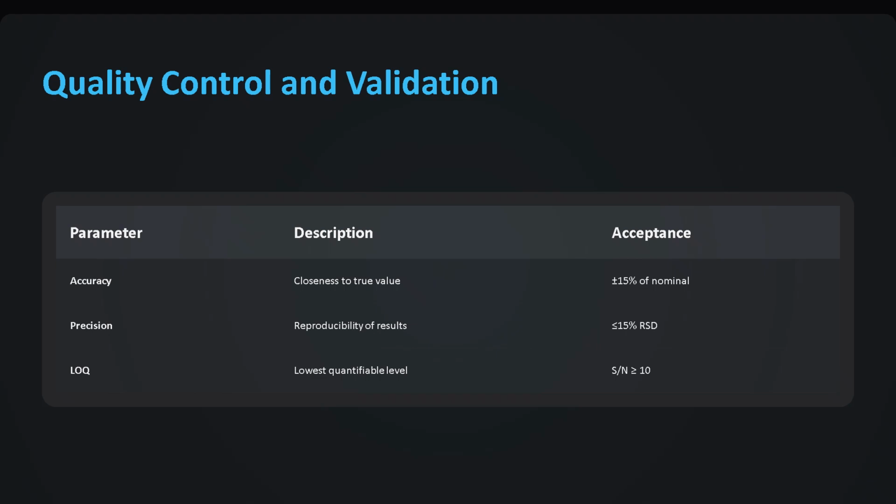Precision evaluates reproducibility and is expressed as relative standard deviation, which should generally be 15% or less. Another important parameter is the limit of quantification, or LOQ, which represents the lowest concentration that can be reliably measured. This usually requires a signal-to-noise ratio of at least 10. Meeting these criteria ensures the method is scientifically robust and suitable for regulatory applications.